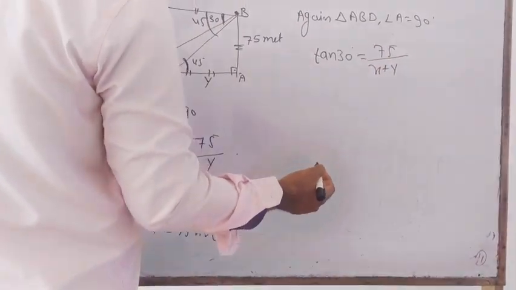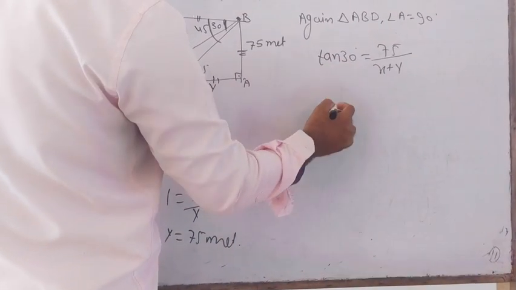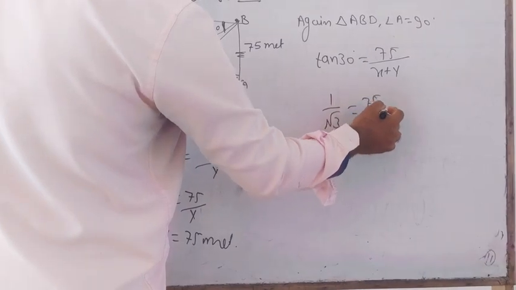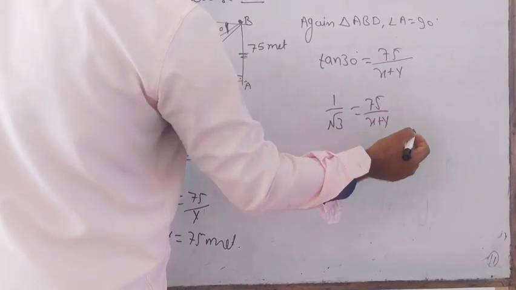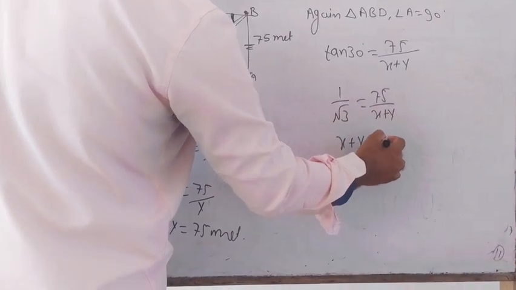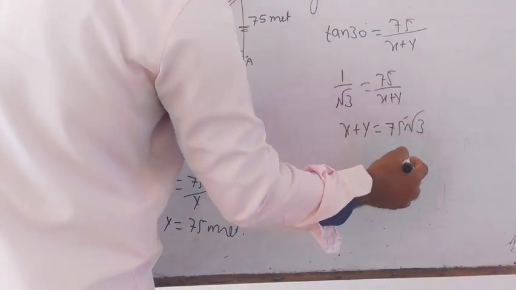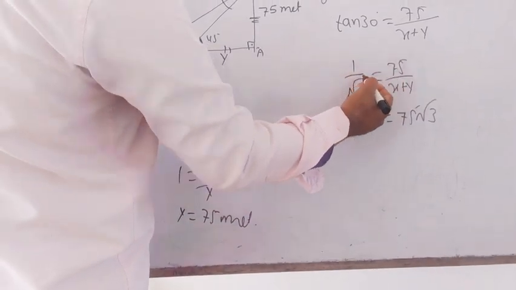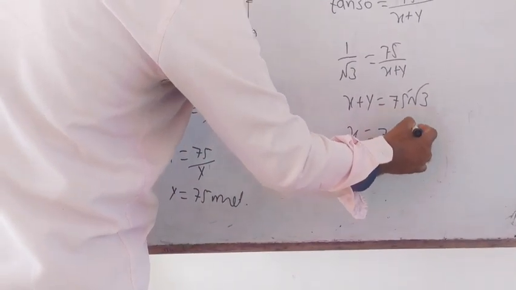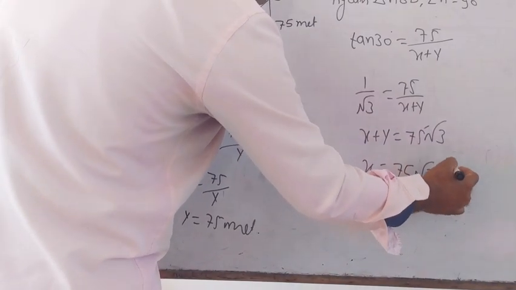Now substituting the value of tan 30 equals 1 upon root 3, 75 upon x plus y. Doing cross multiplication, x plus y equals 75 root 3, and substituting the value of y, so 75 root 3 minus y.